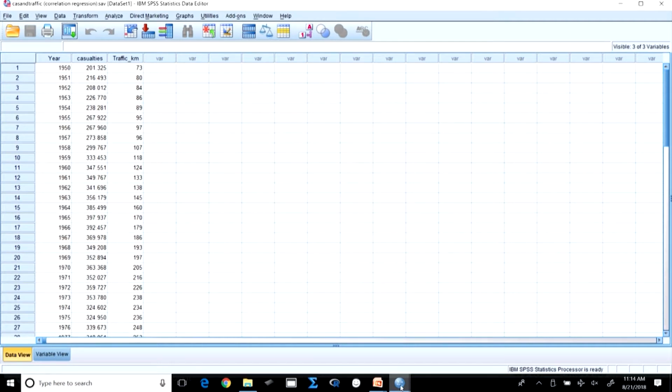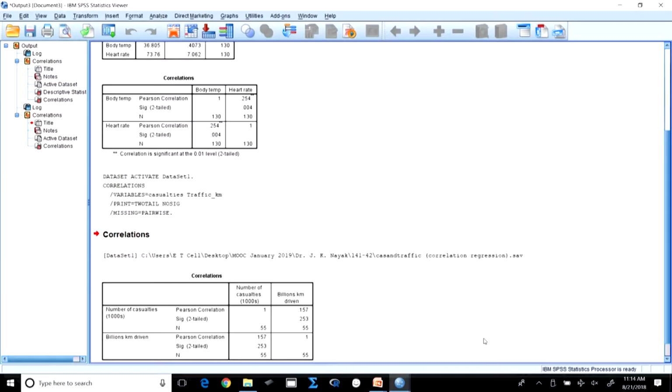Now, if we go to the output, you see here the correlation between the two is 0.157, but if you see the significance value, it is 0.253. This 0.253 is much above the designated value of 0.05 or 0.01, which we generally take as the significance level.